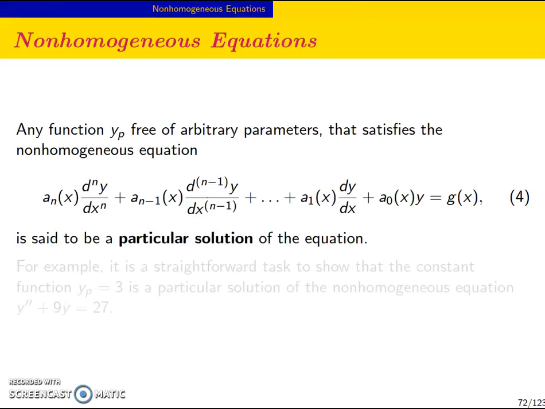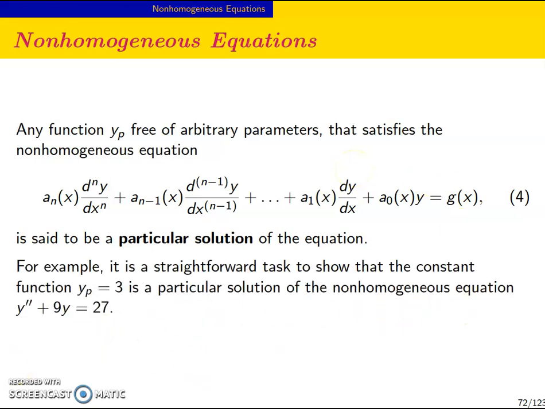For a non-homogeneous equation, any function yp free of arbitrary parameters that satisfies the equation is said to be a particular solution of the higher order differential equation. For example, it is a straightforward task to show that the constant function yp equals 3 is a particular solution of the non-homogeneous equation y double prime plus 9y equals 27.